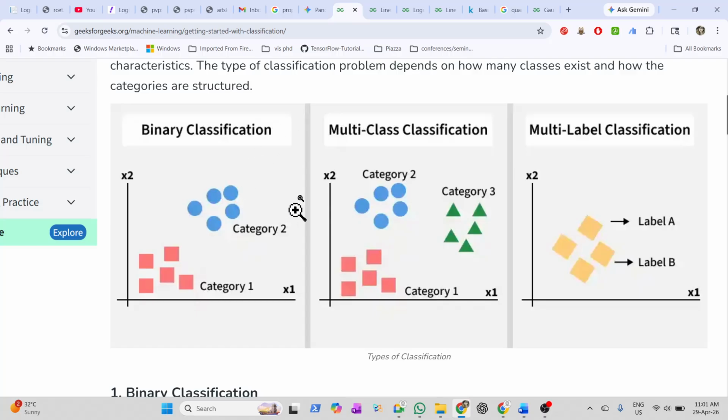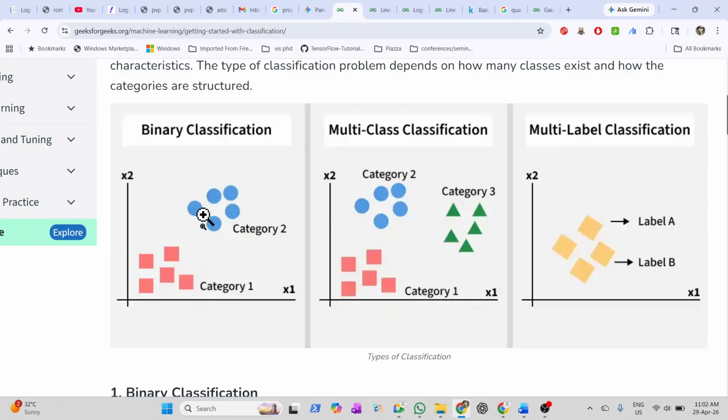For instance, when you look at these three images, the first one says binary classification, and you can clearly see that there are two categories. One is, let us call them a square category, another one a circle category, or the classes, square class or circle class. Here you have only two classes.